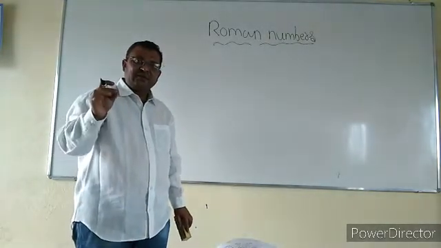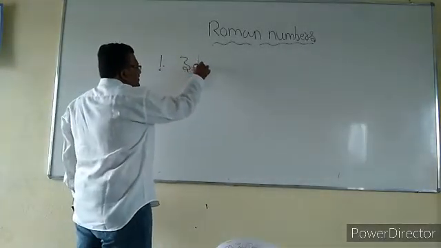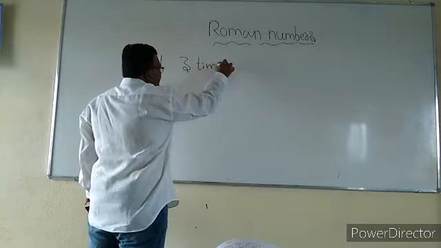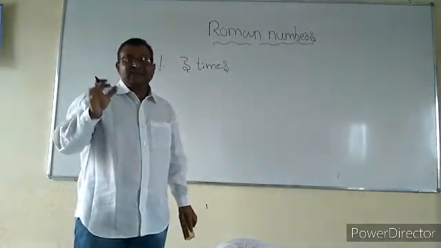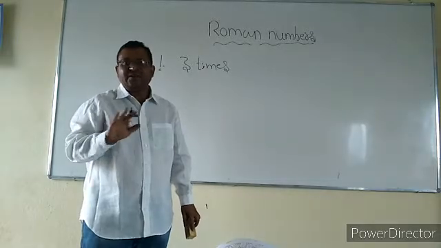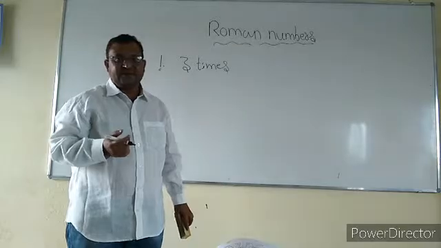Maximum we have to use a symbol 3 times only. The 4th time, 5th time we should not use. 1 time we can use, 2 times we can use, 3 times we can use.